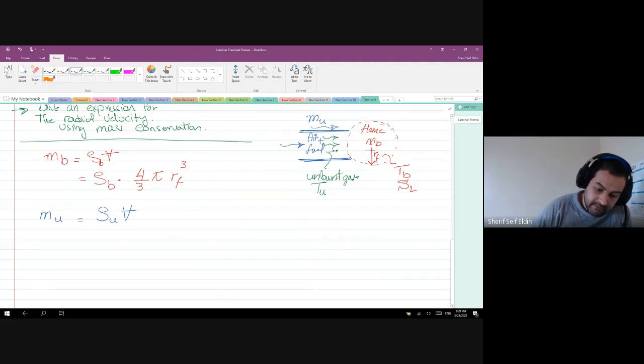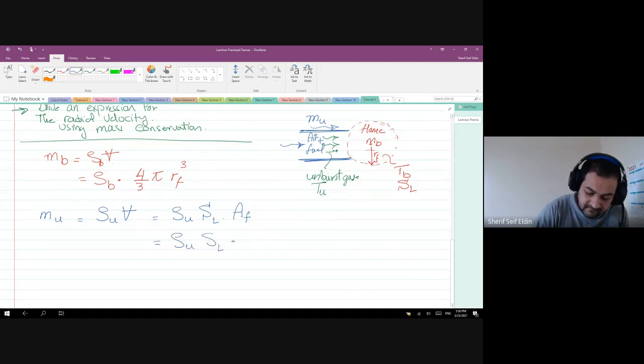This volume is going to be, from the dimensions, rho u multiplied by the velocity of the flame, or the flame velocity, or the laminar flame speed, multiplied by the area of the flame. The area of the flame is a sphere, so the sphere area is 4 pi r flame squared.